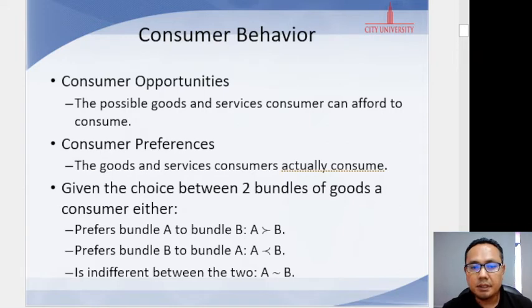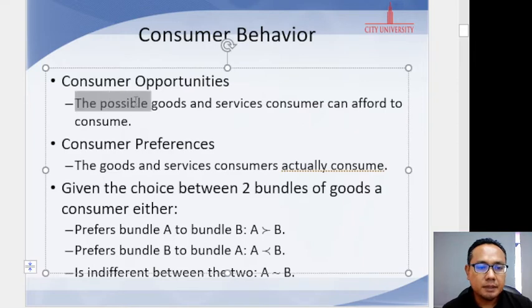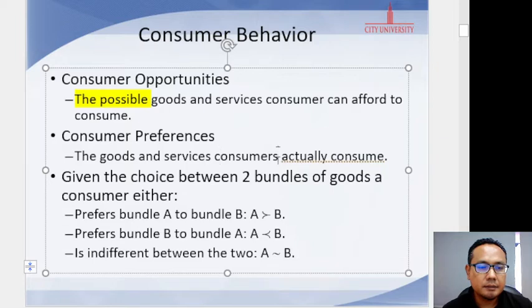Consumer opportunities represent the possible goods and services a consumer can afford to consume, and consumer preferences determine which of the goods will be consumed. Opportunities are the possible goods, and preferences are a wish of which goods will be consumed.